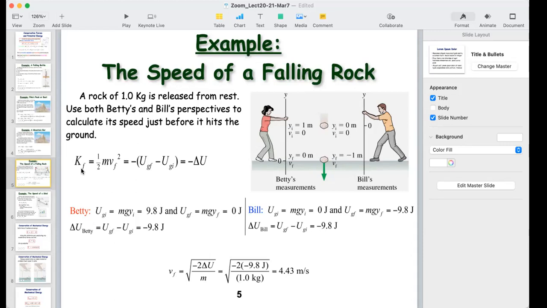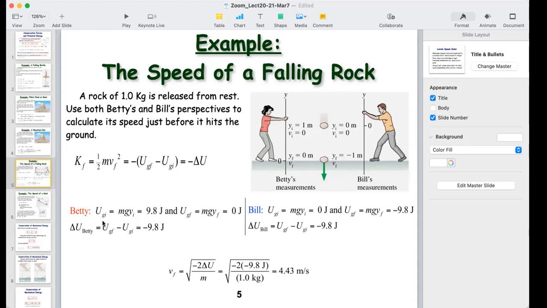So the final kinetic energy, one half m v final squared, is equal to minus delta U, because the initial kinetic energy is equal to 0, where delta U is the gravitational potential energy final minus the initial one.